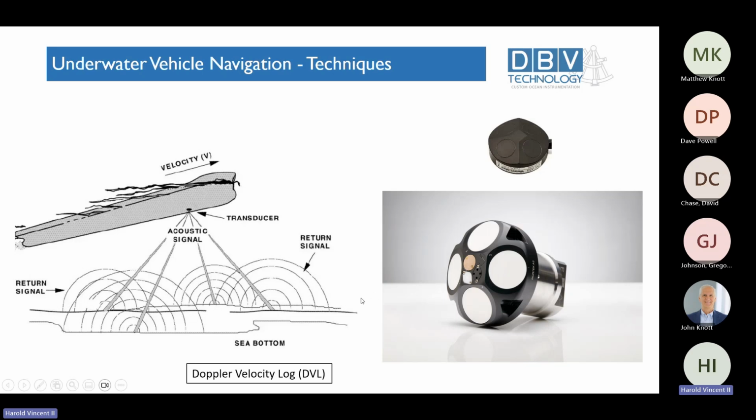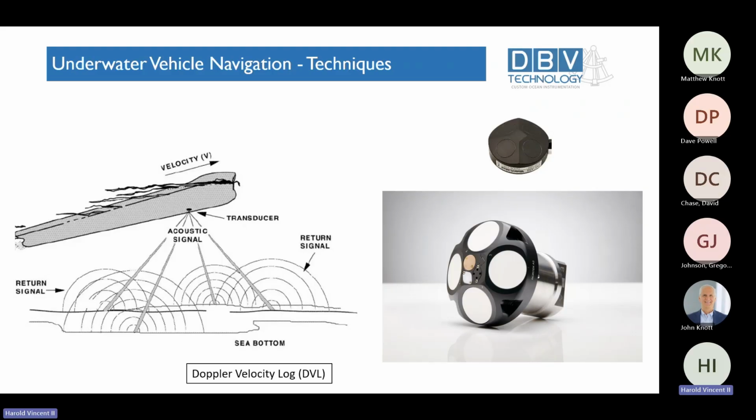The reason this is important is because when an AUV leaves the surface, if it does not have a DVL giving it speed over ground, the error growth in the inertial navigation system grows unbounded. Whereas if you have the Doppler velocity log providing speed over ground as a reference, you can constrain that error growth.